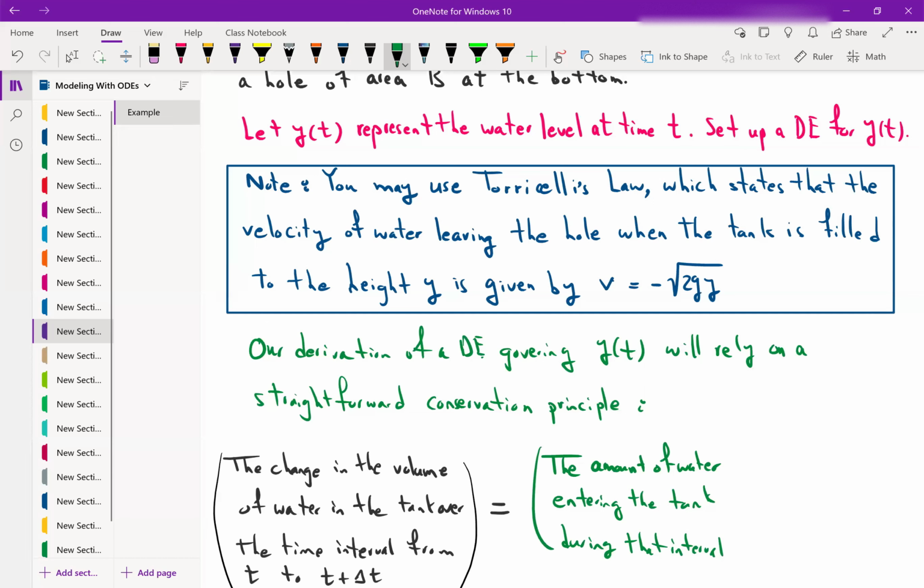The volume of water entering the tank from t to t plus delta t minus the volume of water leaving the tank in the same time interval.